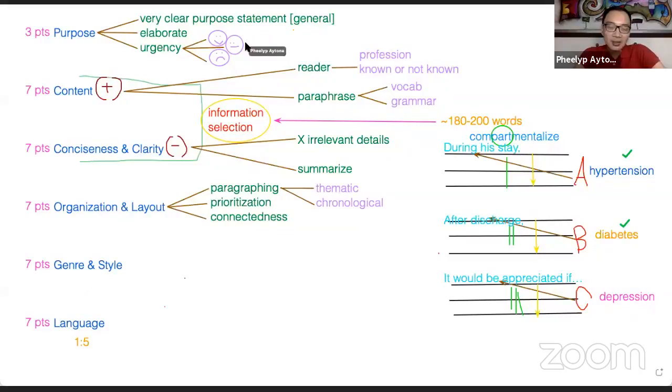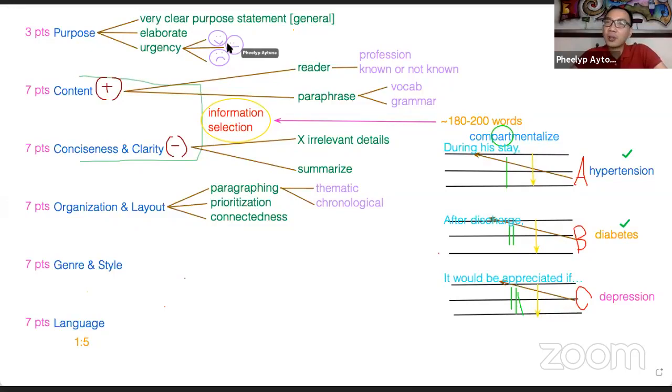Yeah, that's fine. But if you're writing an email to your boss, do you think it's fine to send cats and dogs and emojis? I don't think so. So same thing here in OET letter writing.